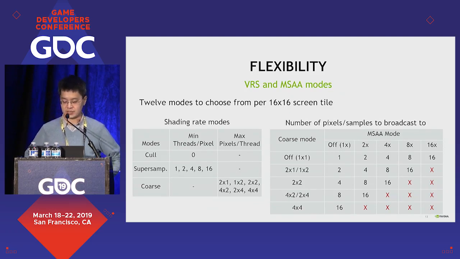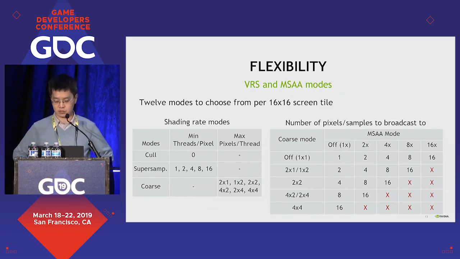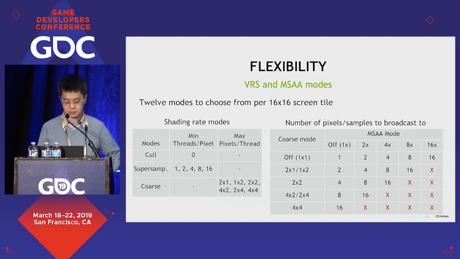So if you use 1XAA, you can use 4x4 coarse mode, no problem. But if you use 4XAA, then you're limited to 2x2 coarse mode max, because each pixel now has 4 samples, and so you can only broadcast shading to 4 pixels, and that involves 16 samples total.